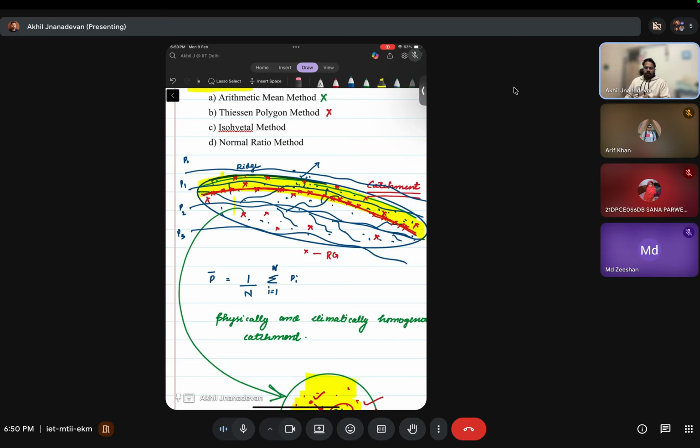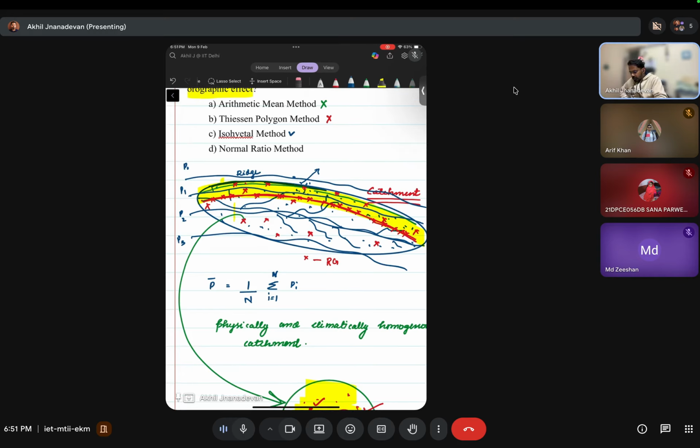This will have the orographic effect, and we'll be getting a more accurate value. So out of this, the third option, isohyets, is the right option, because the isohyetal method indirectly considers the orographic effect, which is not considered in options A and B. And the fourth one is the normal ratio method.